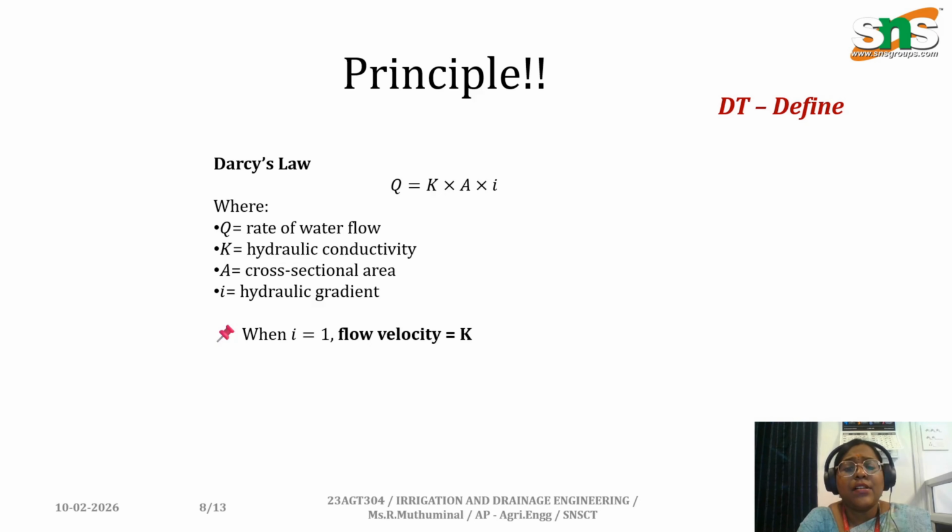The principle follows the equation Q equal to K into A into I. It is typically in units such as centimeter per hour or meter per day. When the hydraulic gradient is unity, then the velocity of the water flow is equal to the hydraulic conductivity.